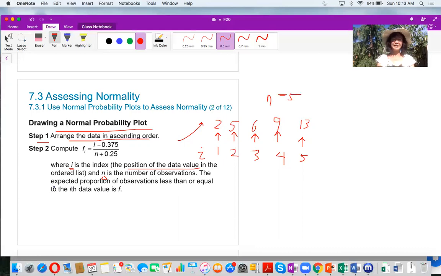And the expected proportion of the observations less than or equal to the ith data value, that is Fi, we calculated here. So Fi represents the expected proportion of observations less than or equal to the ith data value.